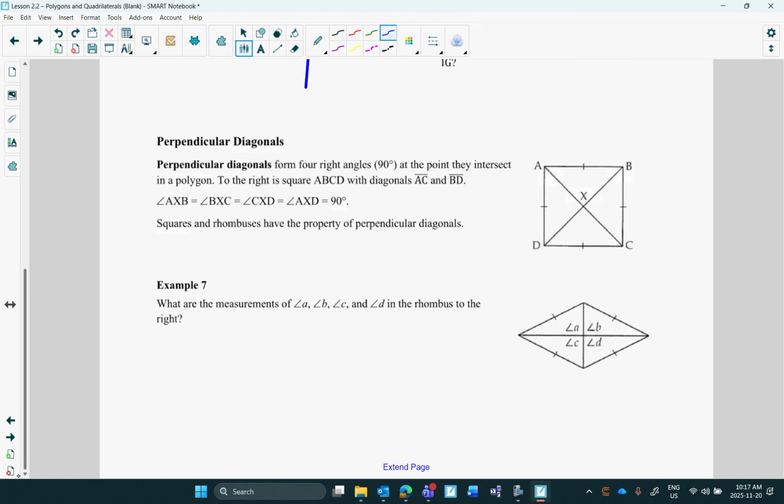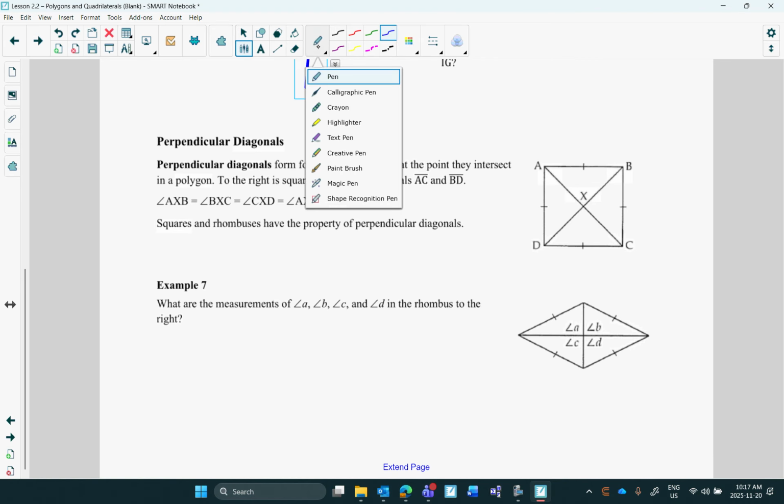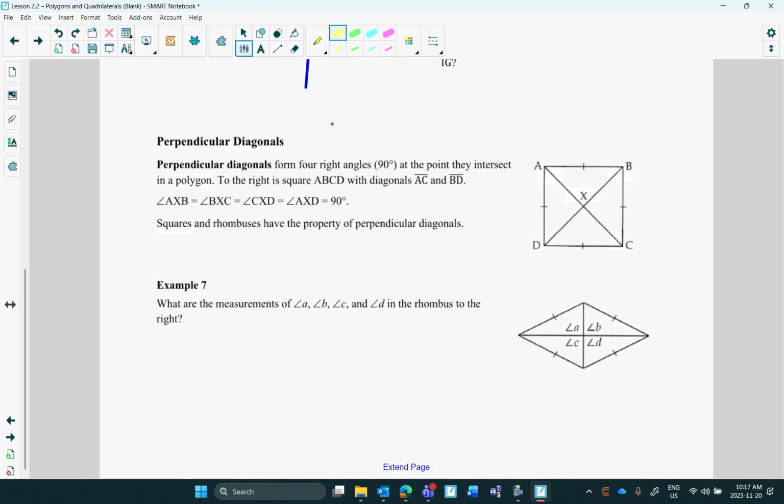One more thing about diagonals. In most of the quadrilaterals that we talked about, the diagonals cut each other into equal parts. Sometimes they cut each other at 90-degree angles. That happens in 2 cases: squares and rhombuses.